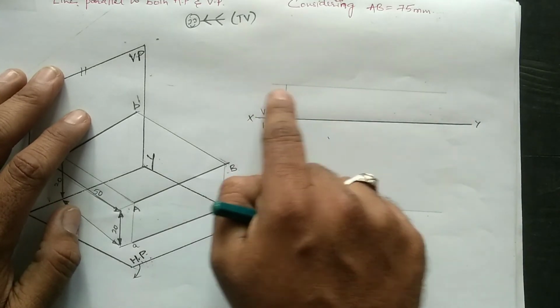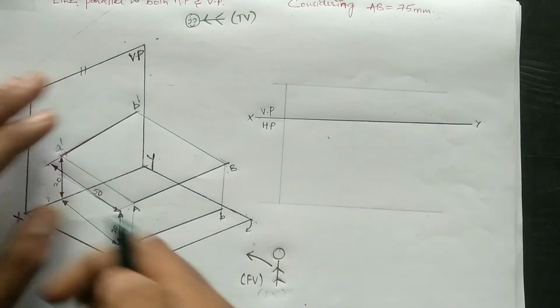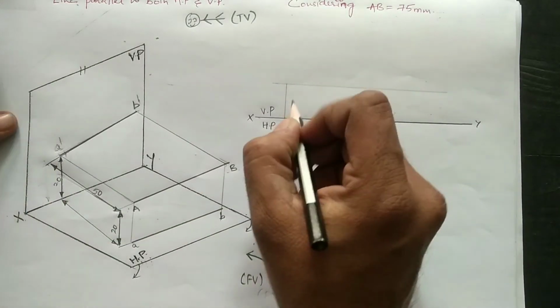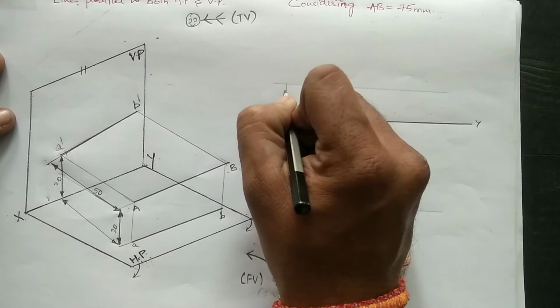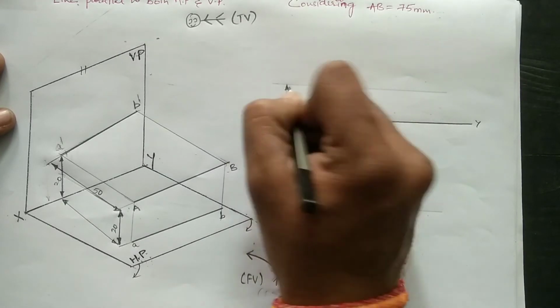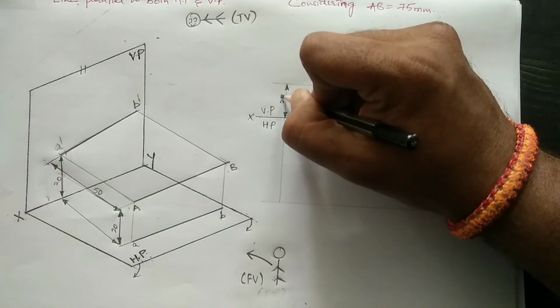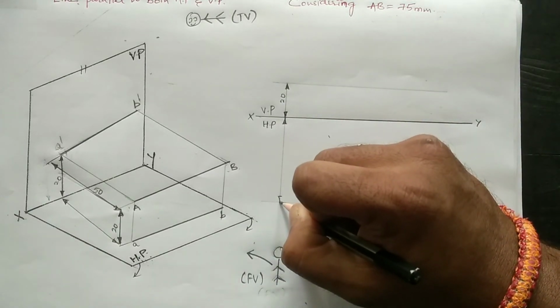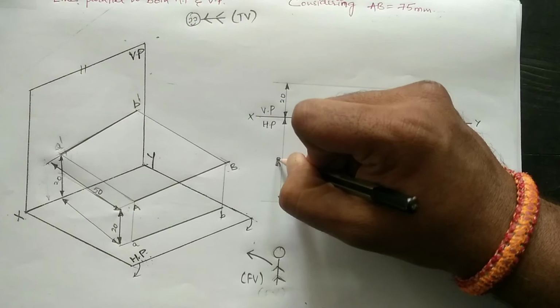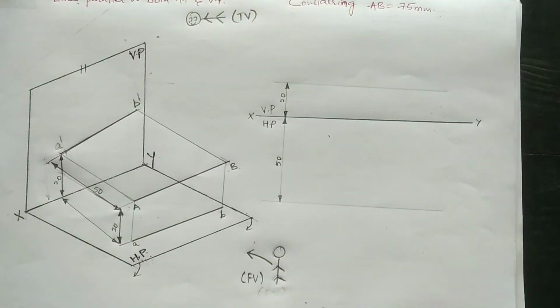That is the purpose of the locus line. Mentioning the dimensions here: this is 20 mm above HP, and this is 50 mm in front of VP.